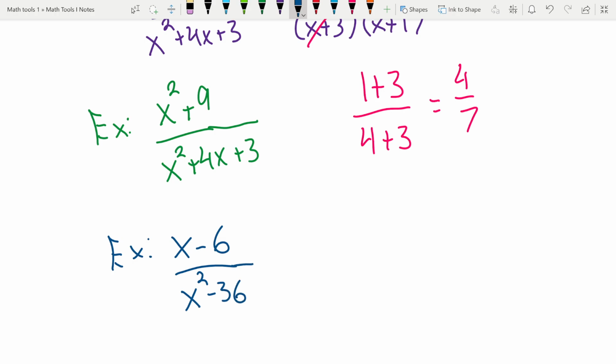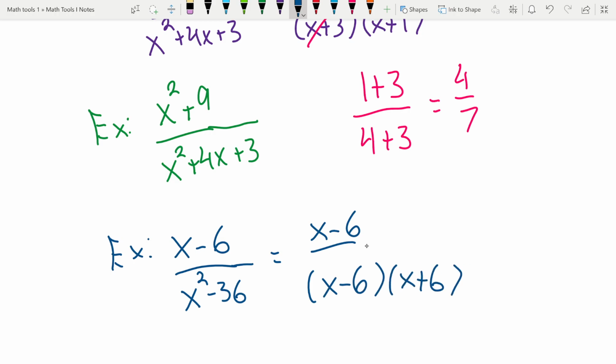In this case, the top we can't factor any further. It's already just one factor. The bottom is going to be x minus 6, x plus 6, because it's the difference of two squares. And now these cancel out. Another thing to note here: when everything cancels out on either the top or the bottom, what you're left with is 1.